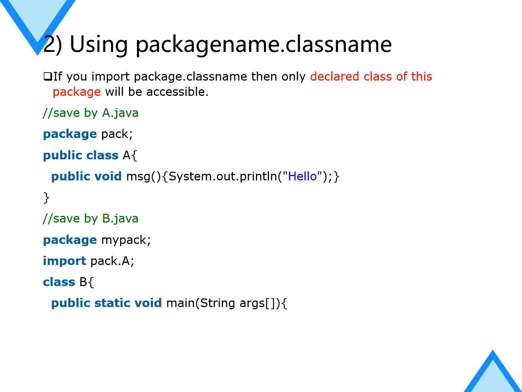Class B has a main method, and inside the main method we create an object with the name obj, and with obj we call the method msg. When we execute this program, it will show hello on the computer screen.